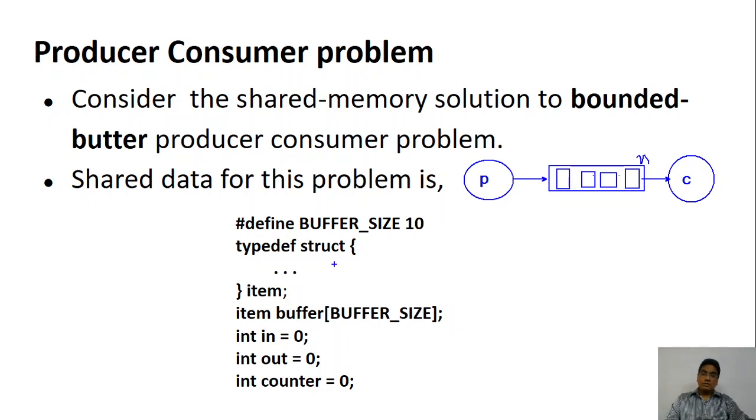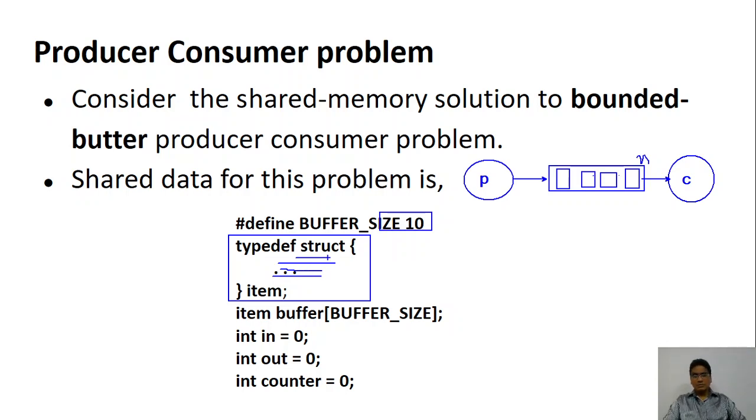Now let's assume that there is a size for the buffer. It could be 10, it could be 20, it could be anything. So let's assume that the buffer has a maximum size, in this case taken as 10. That means only 10 items can be placed in the buffer. Let's assume that the producer is producing one item. Whether it is a car, a bus or a chocolate, we will not bother about it.